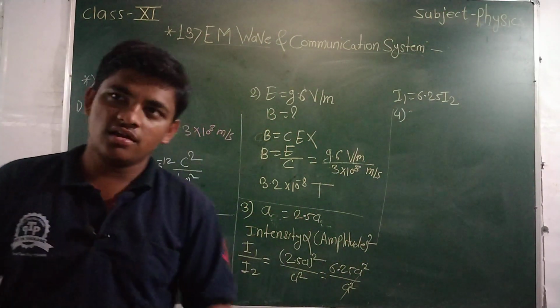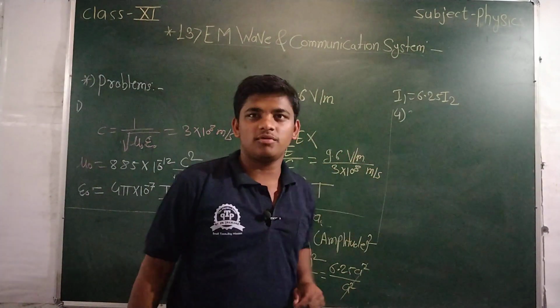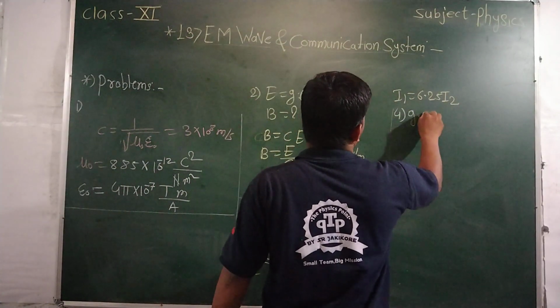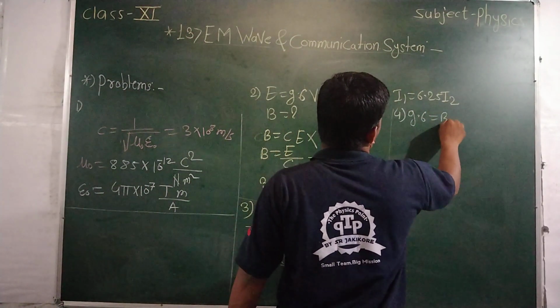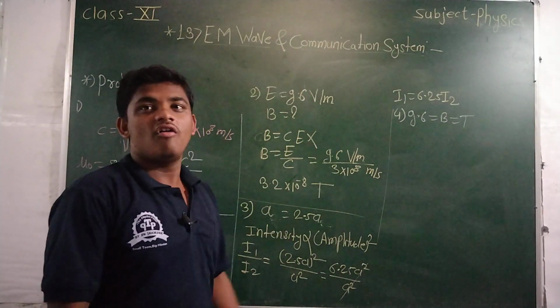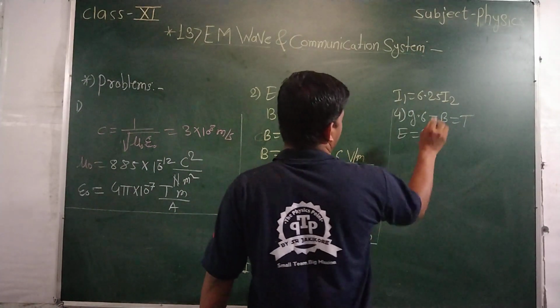I don't solve it here because the equations will be the same. They give the electric field, that is 6 point. I will change some equations. I will write the electric field as a magnetic field, that is equal to B in Tesla. Okay. Now find the electric field.